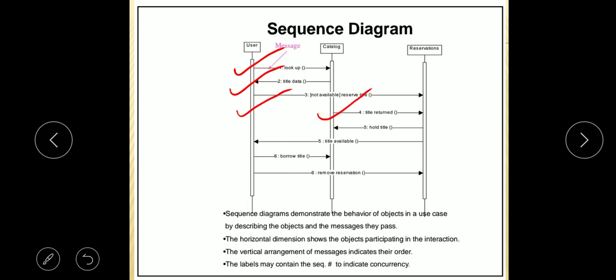And see here we can see 2 5, 2 5. Okay, why are both of them numbered as 5?